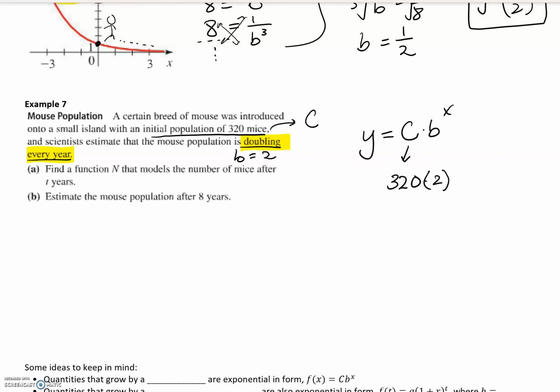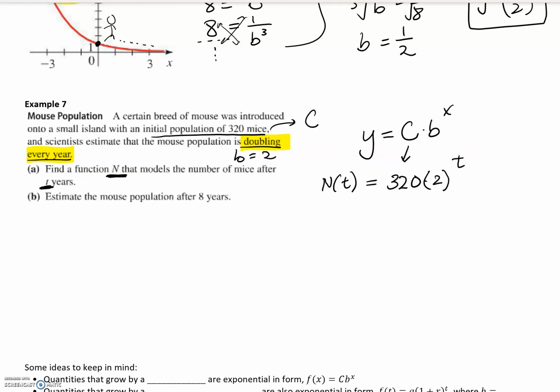So my base is 2, and the input is t in years, so I'm going to put t, and the output is n, which is the number of mice. I'll put n of t on the left. So that's the model. N of t equals 320 to start with, and then they keep doubling every year. If it said they keep tripling every year, the base would be 3.